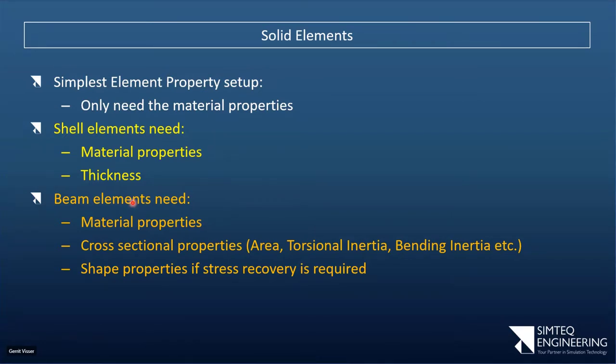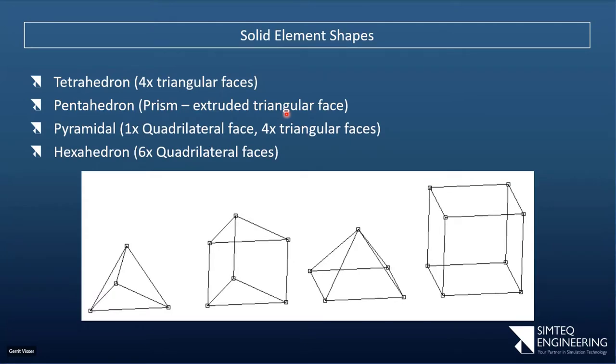We need cross-sectional areas, the torsional inertia, bending inertia, etc. Then if I want to have stress as an output as well, I need to specify where physically that stress is output, so we need the location for outputting the stress as well. So just in summary, again, the solid elements are the simplest in terms of setting them up. They're not necessarily the best elements in general for a lot of use.